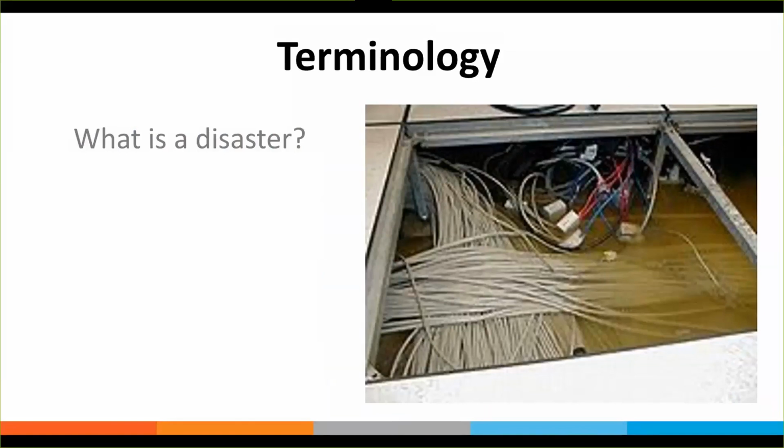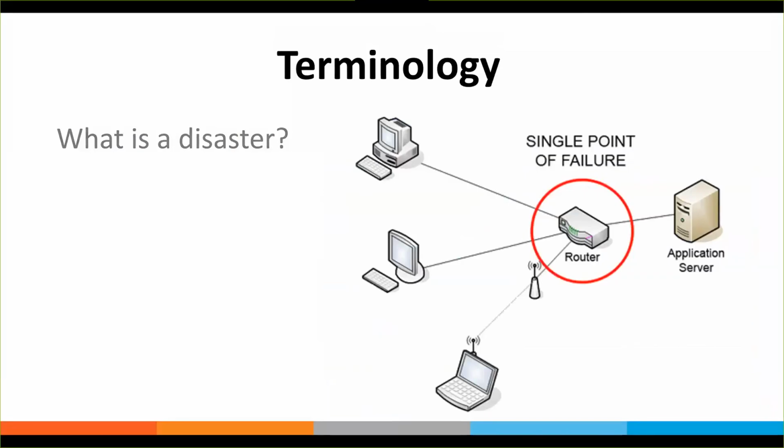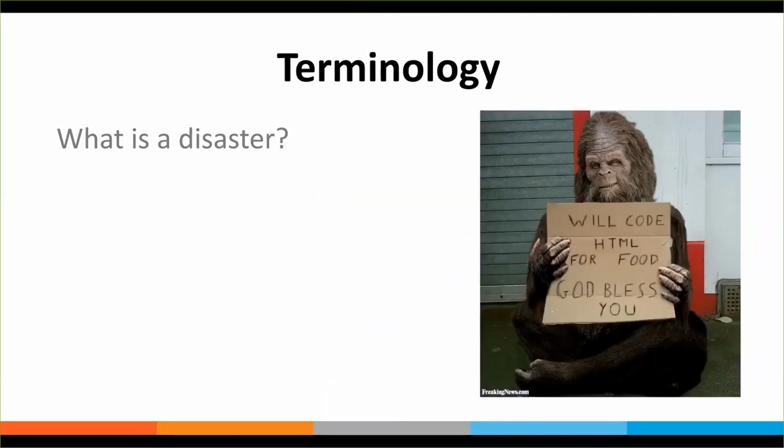A local flood, where the pipes in your basement leak and flood out your servers, is a disaster too. High winds, tornadoes, those are disasters. If your one router goes down and your app server can't talk to any of your clients, you've just experienced a disaster. And of course, they're very personal disasters.